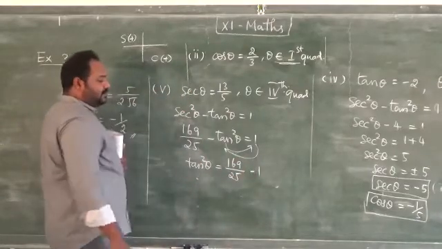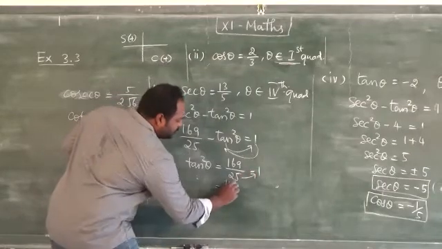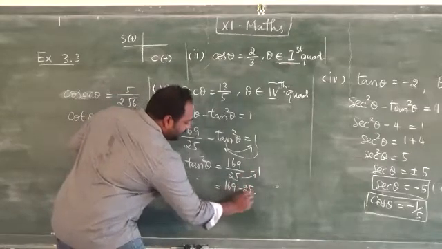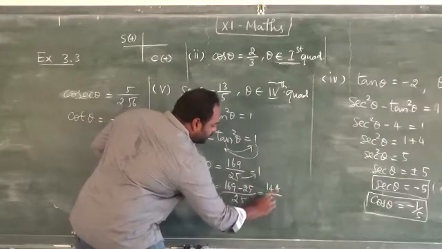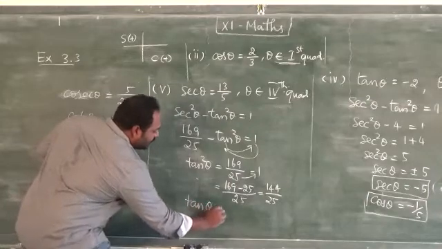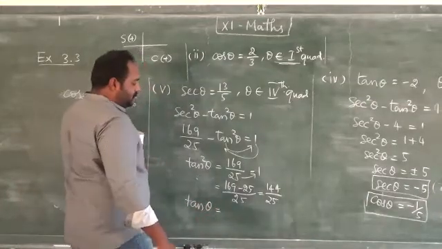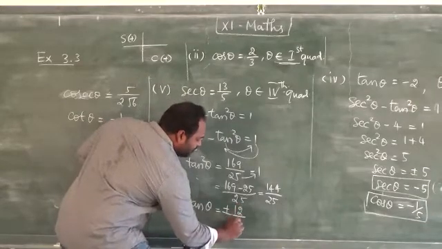Cross multiply: 169 minus 25 by 25, it is 144 by 25. If you take the square root of 144 by 25, it is plus or minus 12 by 5.